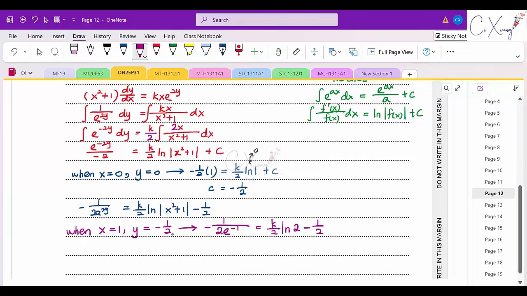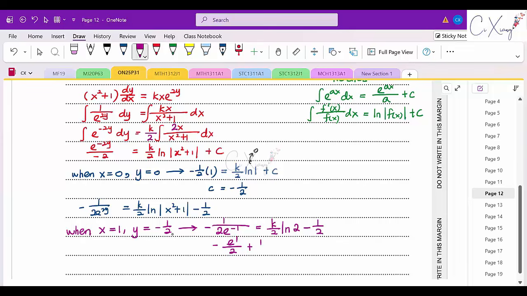Maybe use the calculator to help you a little bit. Or for me, usually what I do is I try to simplify it first. 1 over 2 e power negative 1. So the e power negative 1 is at the bottom. If I simplify it without the negative power, it becomes e power 1 over 2.